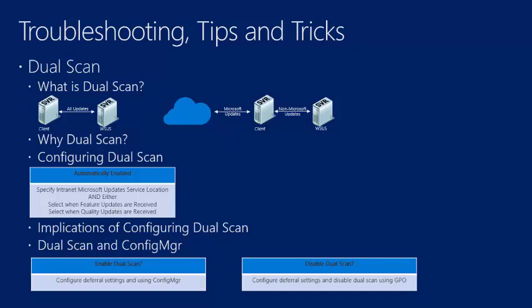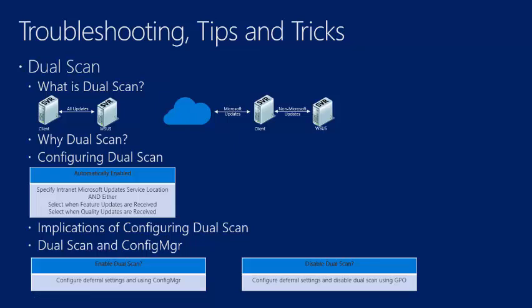And that's what got people into trouble. Administrators, rightly so, wanted to be able to say, no, I want to control when feature updates are received, so they started making those configurations in GPO. They also had the first setting enabled, and magically we now have dual scan turned on, and Config Manager updates are broken, right? So that's kind of how we got into it. It caused quite a stir whenever that first happened.